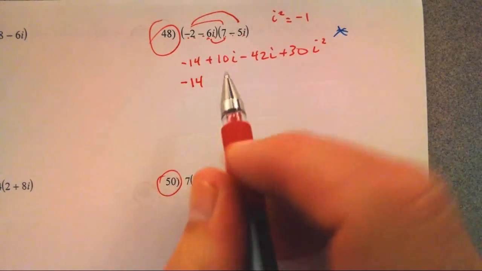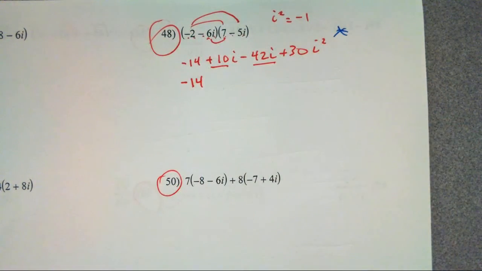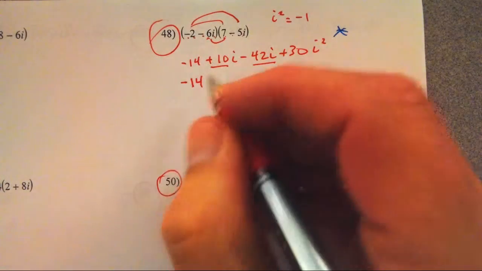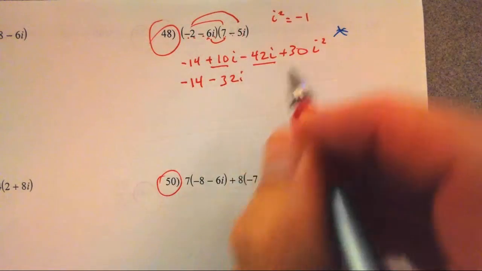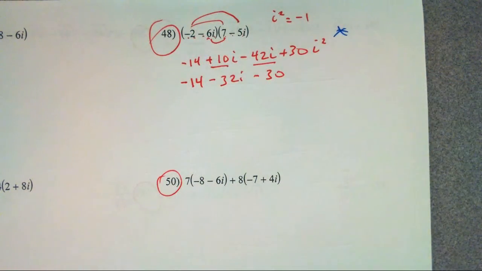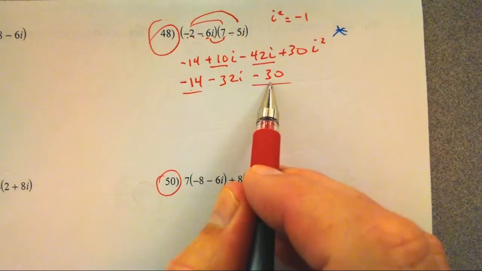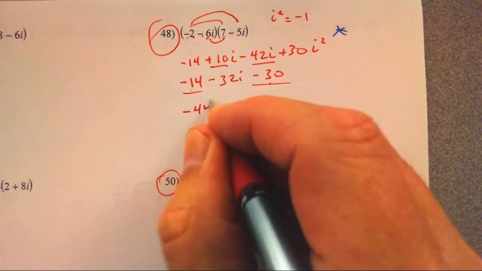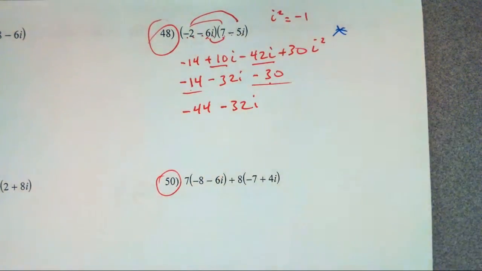Minus 14, I've got a plus versus a minus number of i's, so they fight. Reduced to 32 i's, and the minuses win. And this is -1 times 30, or minus 30. So my final answer, minus 14 mixed with minus 30, is a total of minus 44 and a minus 32i.